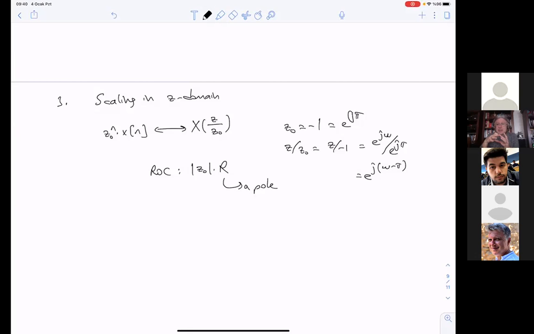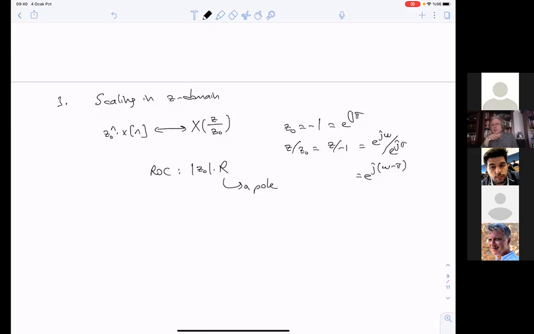For instance, if z0 is 2, and let's say that the region outside a circle was at a equal to 0.6, so it's outside the circle with a radius of 0.6.